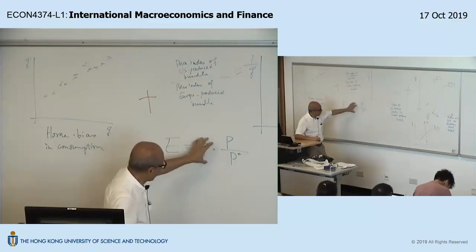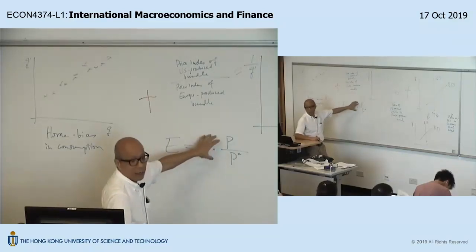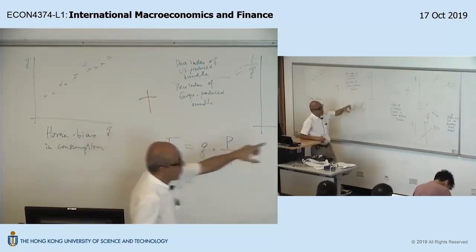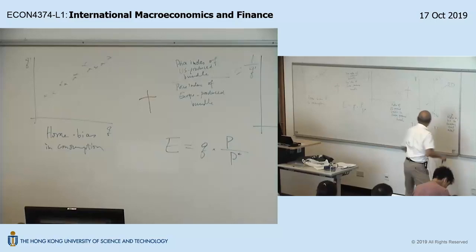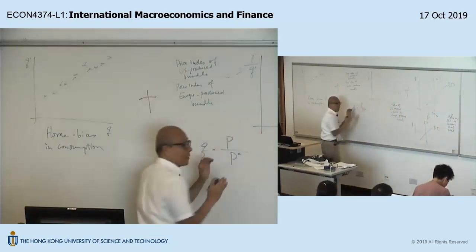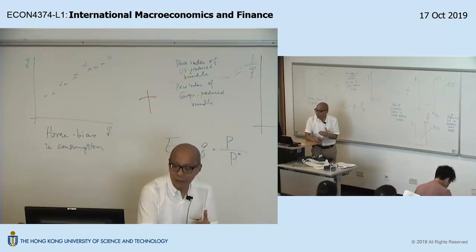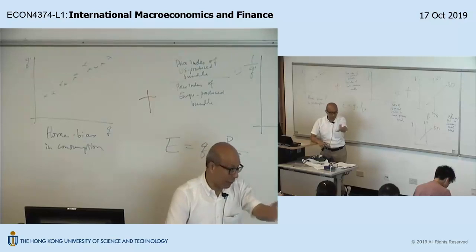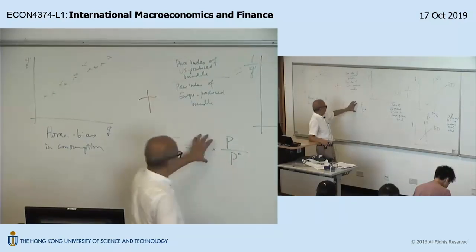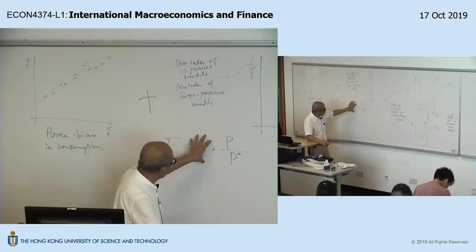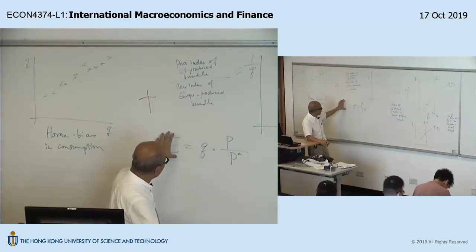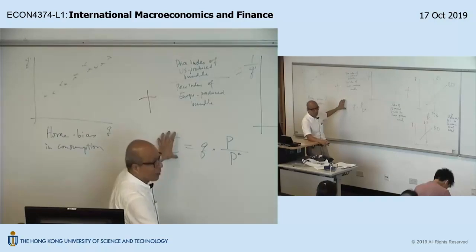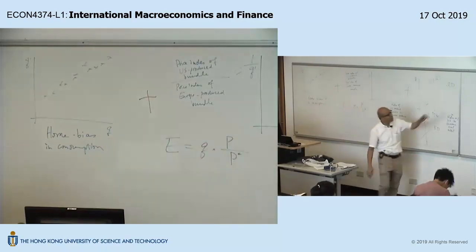It will not affect Q, but it will affect P, and through P, it will affect E. But if it's not a purely monetary factor, if it's something that affects the real side of the economy, the kind of factor that we just discussed, then it will affect Q. And when Q increases, it will lead to an increase in E as well in the long run. So that's why you have to break it down into two sets of factors.